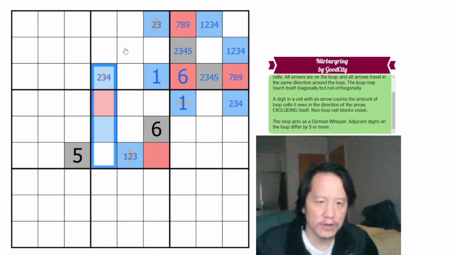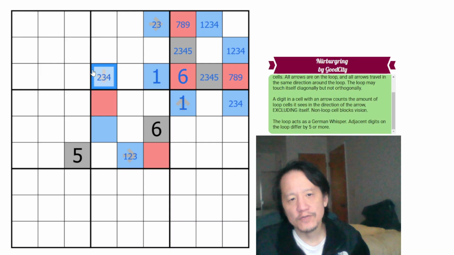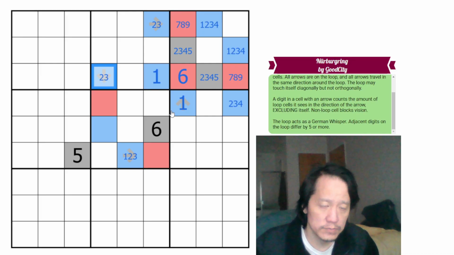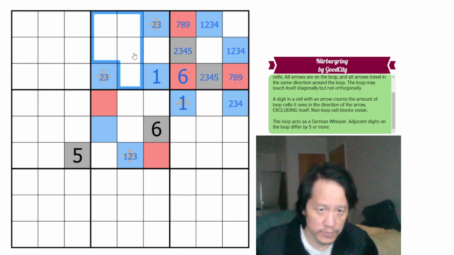If it goes down to 3, right? If it tried to be 4, it would have to go there, but then it would have to touch itself. And that's not allowed. So this cannot be 4. That's 2 or 3 also. So we have 1, 2, and 3 here. So the rest is 4, 5, 6, 7, 8, and 9.